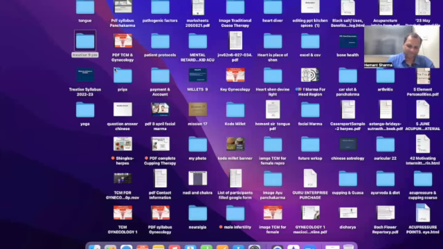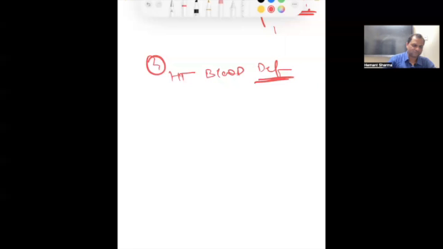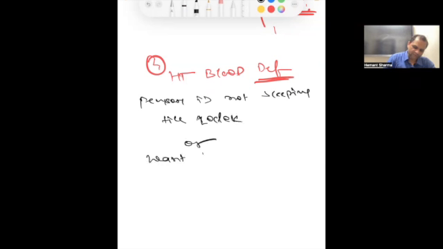In heart blood deficiency, what is happening? The person is not sleeping till 1 o'clock, or wants to sleep but still is not able to sleep.